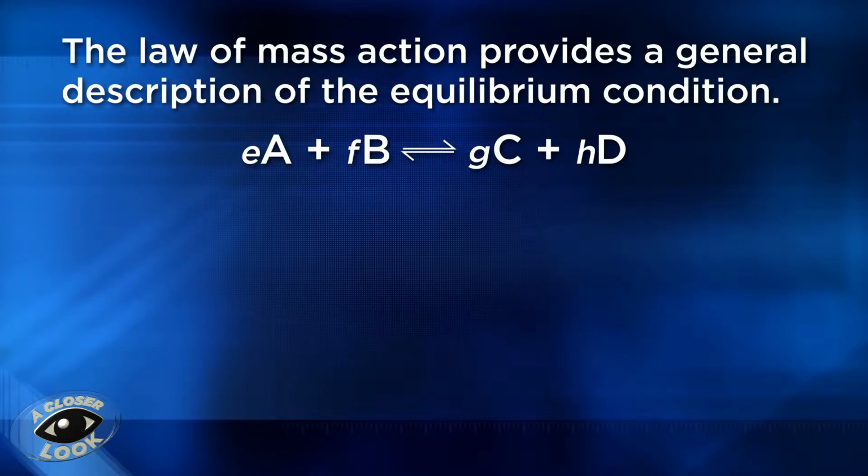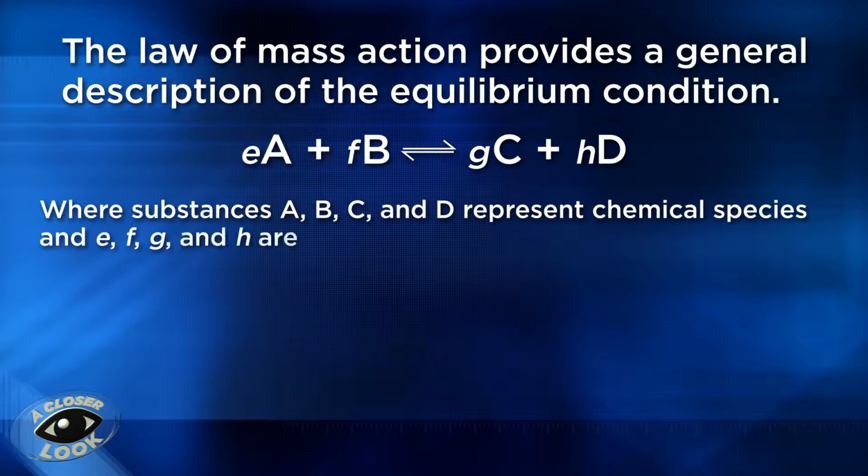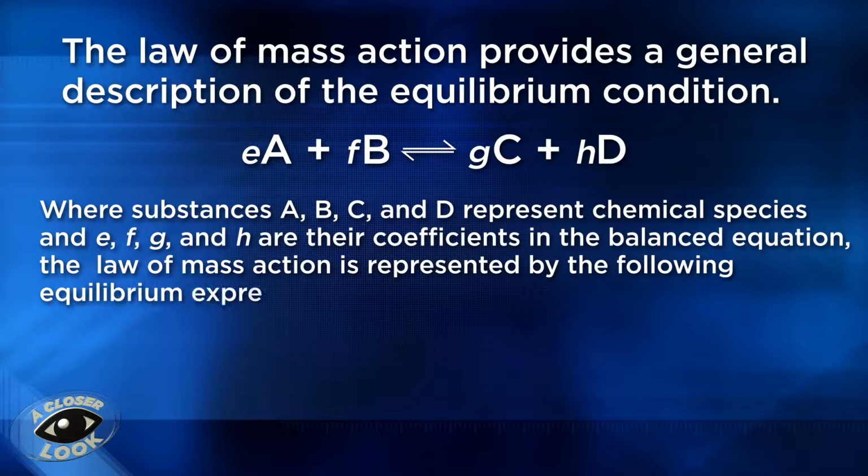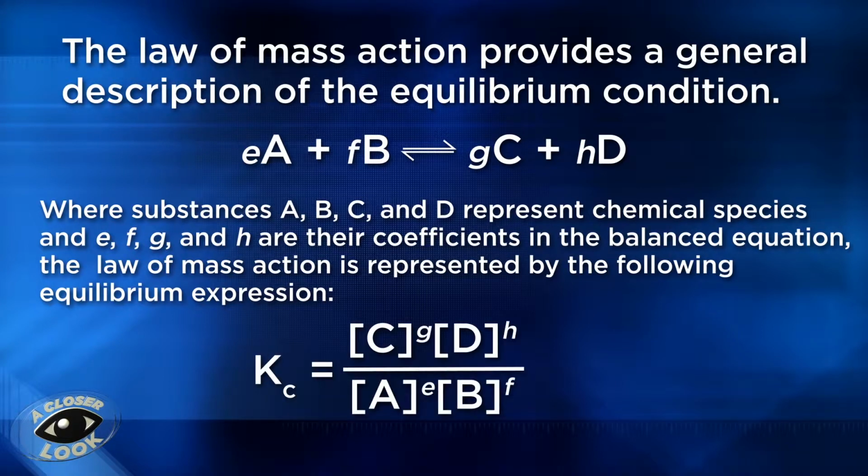The law of mass action provides a general description of the equilibrium condition. For a chemical reaction mixture that is in equilibrium, the ratio between the concentration of reactants and products is constant. Using this hypothetical equation, where substances A, B, C, and D represent chemical species and the lowercase letters e, f, g, and h are their coefficients in the balanced equation, the law of mass action is represented by the following equilibrium expression.